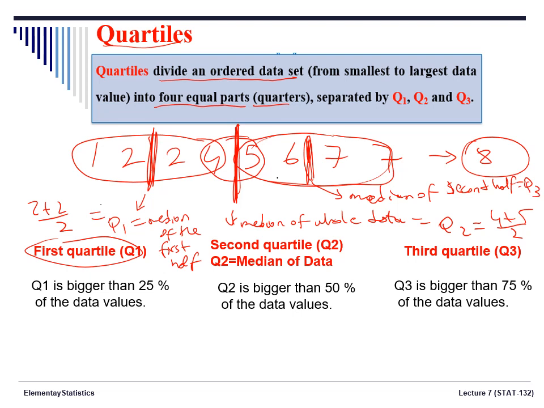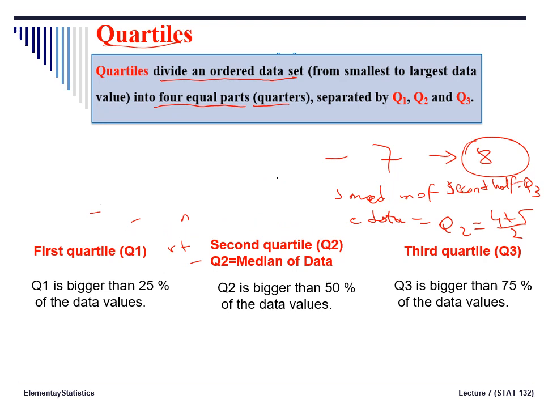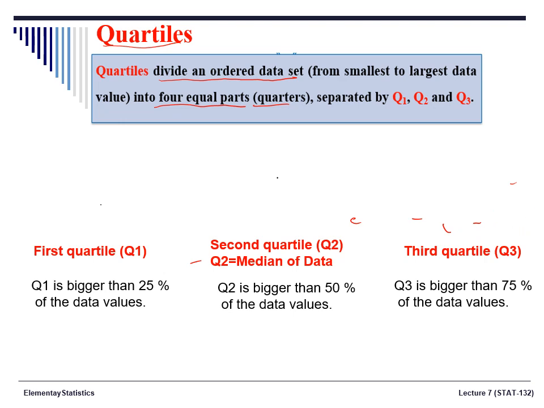And you can find them, I mean, we will see them in the examples. And let's talk about how many percent of the values fall below the quartiles. Now, let me give you a scale here.